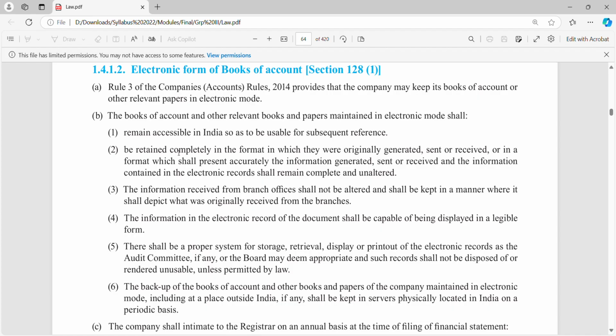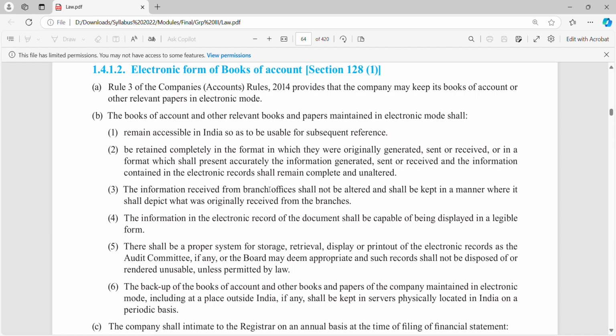It should be accessible. Any person can check that. Don't change the format. Maintain it in that format only.